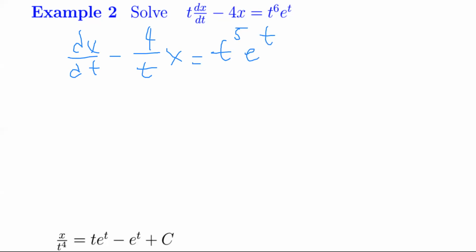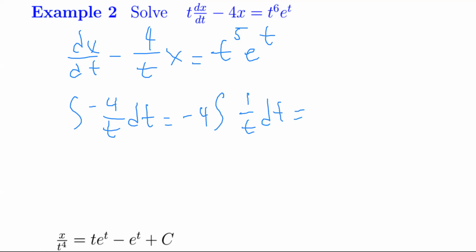So that's standard form. Once we do this, our integrating factor mu of t is going to be e raised to the integral of p of t dt. So this means we want the integral of negative 4 over t dt. Well, this is negative 4 integral of 1 over t dt.